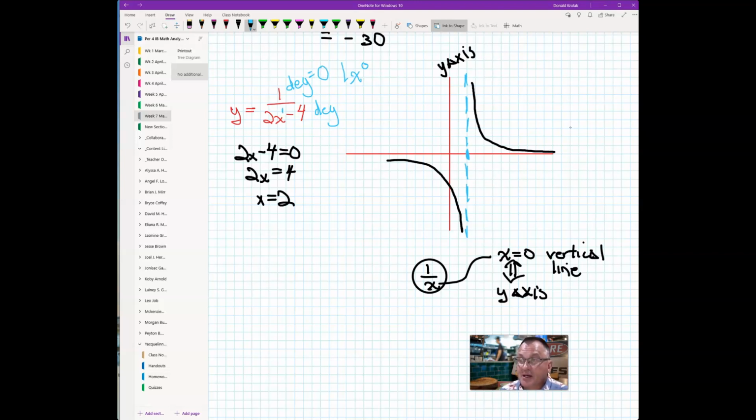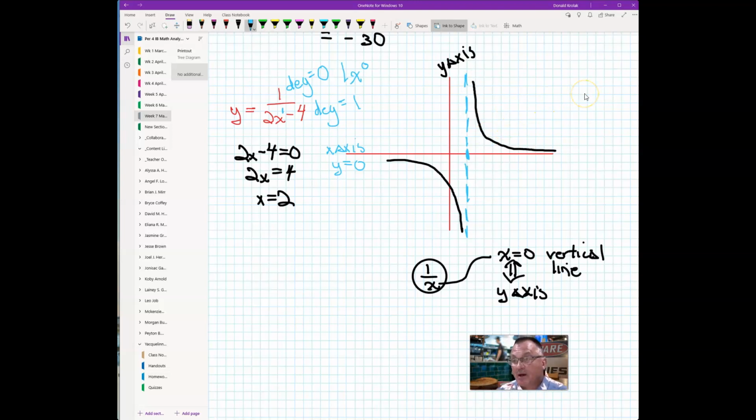The denominator has a degree of 1. When the degree of the numerator is less than the degree of the denominator, that automatically makes the x-axis the horizontal asymptote. Again, we'll do more of that down the road, so don't worry if you don't get all of that. All that means is that the horizontal asymptote would move it up and down, and in this case, it's the same. So it just stays like that.